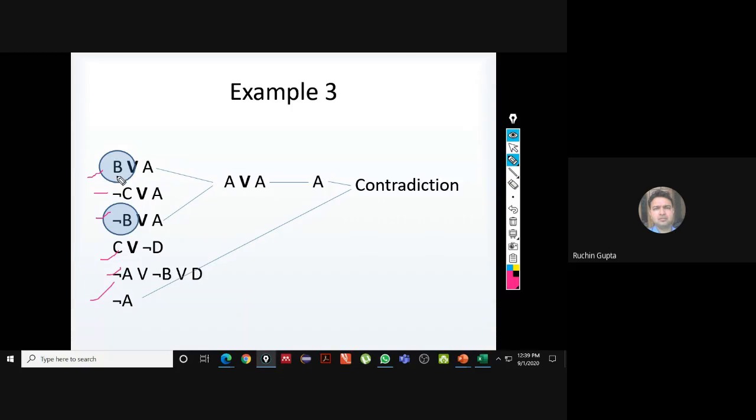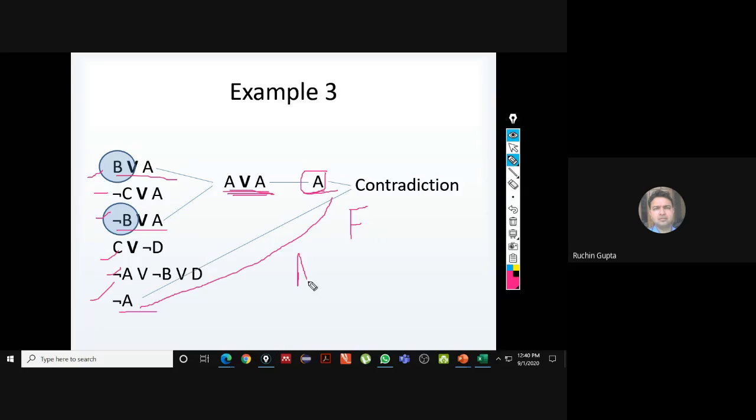If I take this B or A and negation of B or A, and I apply the resolution rule, this B and negation of B will cancel out and I will get A or A. We know that A or A is always equivalent to A, and here I am given negation of A. So when we take this negation of A and A together, I will get a false.